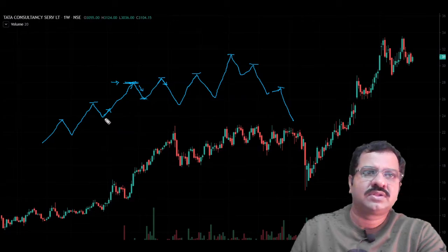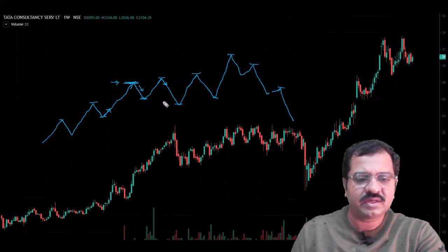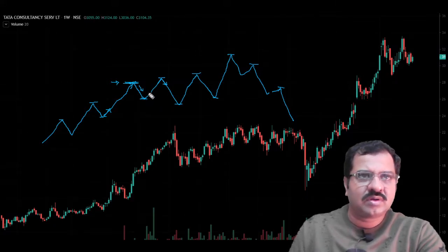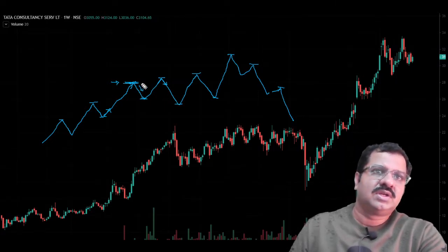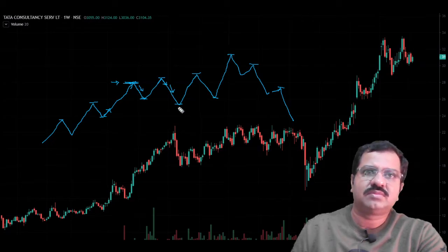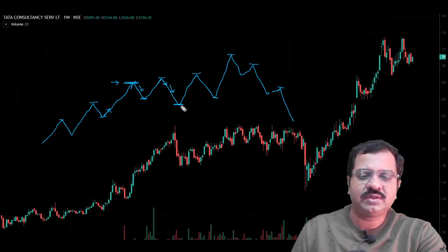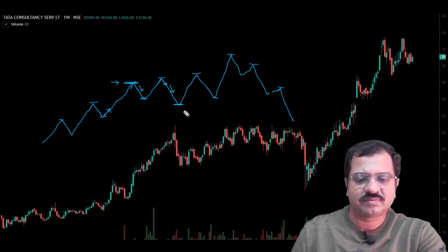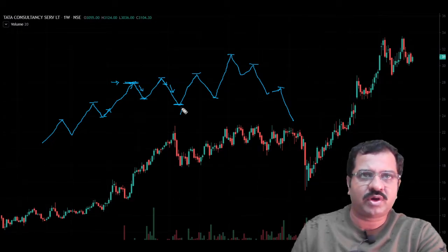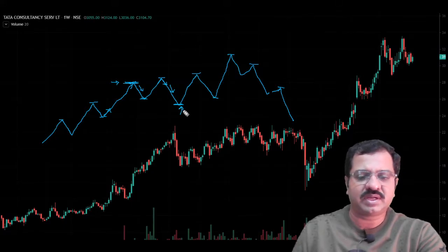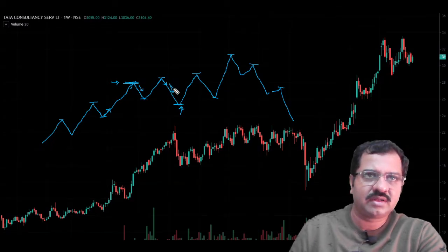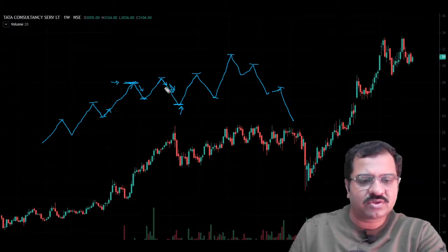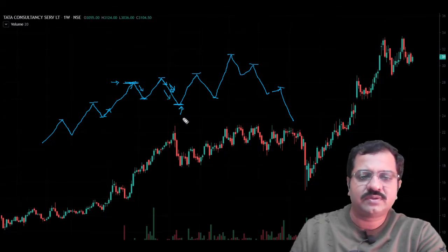But when it comes down, if you see these points, what are these points? Buyers again came in, because sellers pushed the price down, but at this point buyers came in. Buyers started becoming stronger than sellers, because earlier sellers were strong and pushing the price down, right?